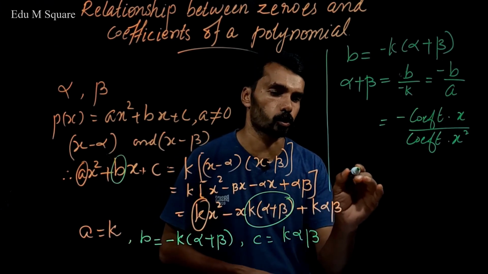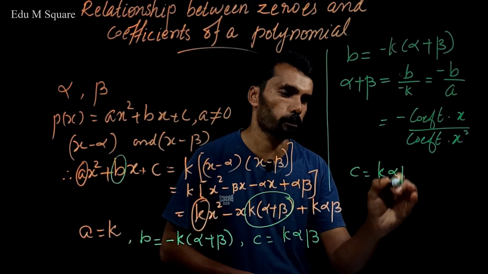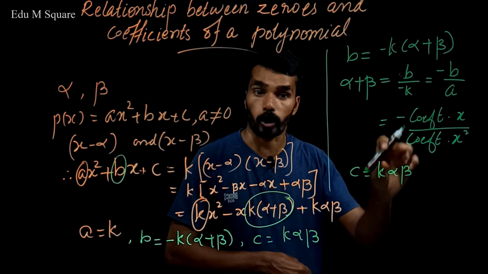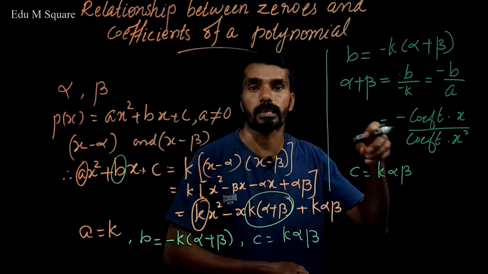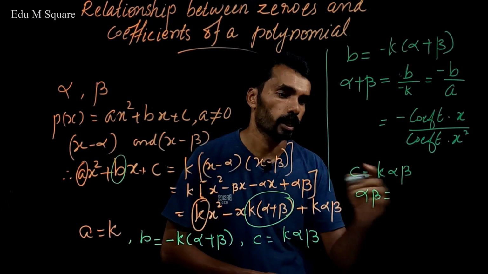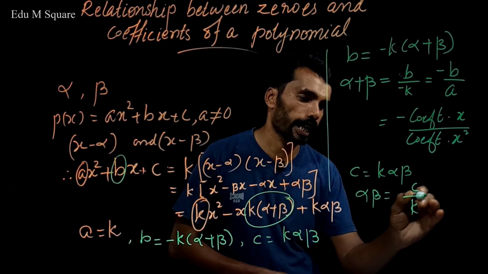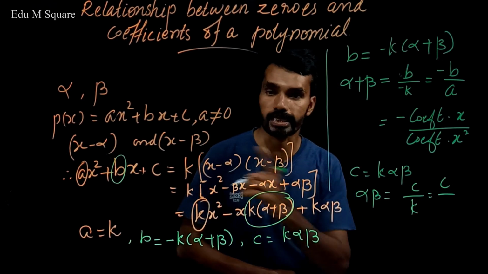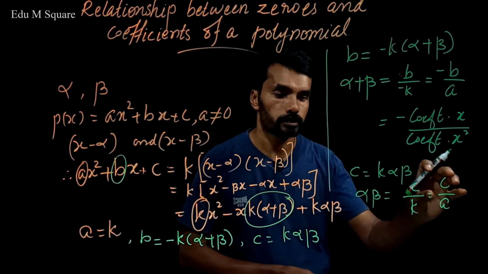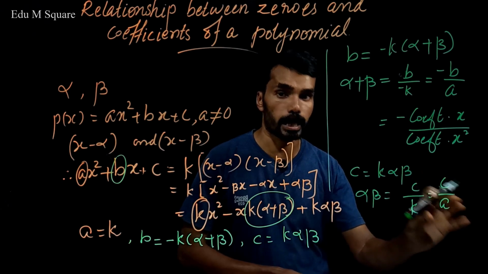C is equal to k into alpha beta. So what is alpha beta? Alpha beta is their product. So alpha beta is equal to c by k. Again c by, what is k? A. So alpha beta is equal to c by a.